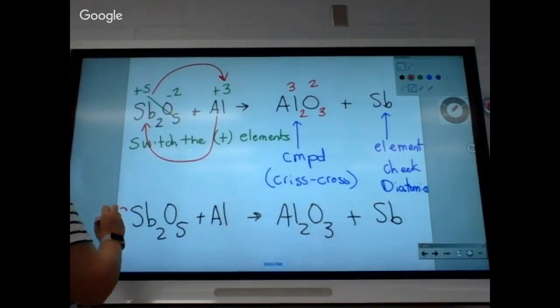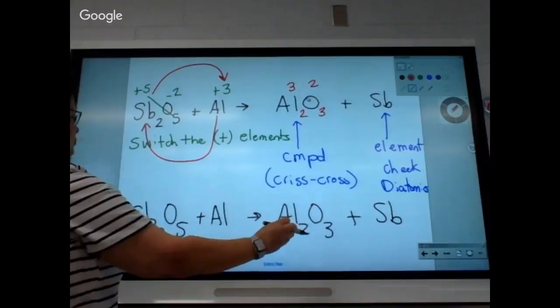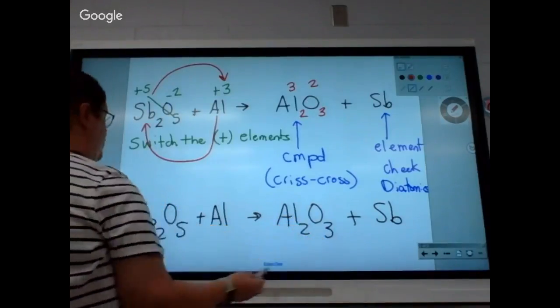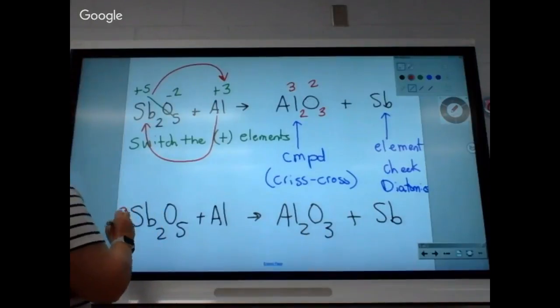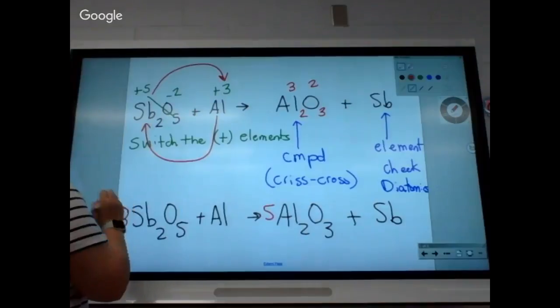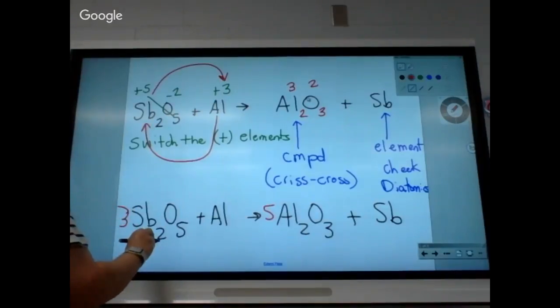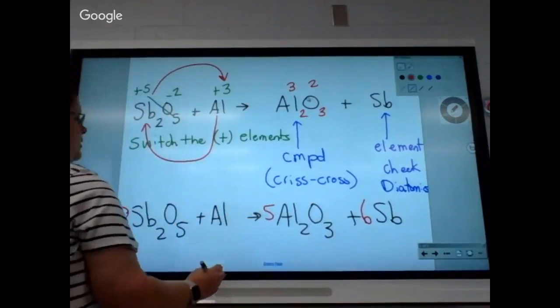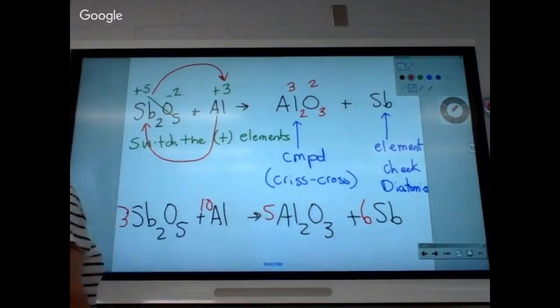I'm doing oxygen. So I have 5 and 3, so I'm putting a what here? And from there, I made how many Sbs? So I can put a 6 there, and I made how many aluminums? So I'm putting a 10 there. All right, questions?